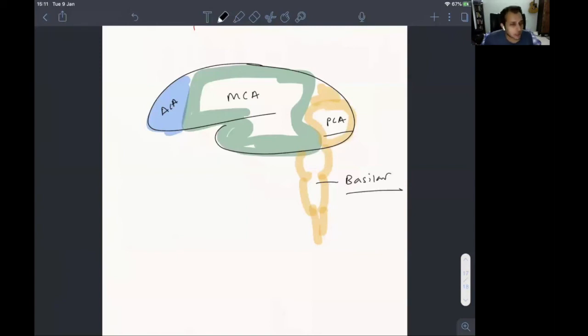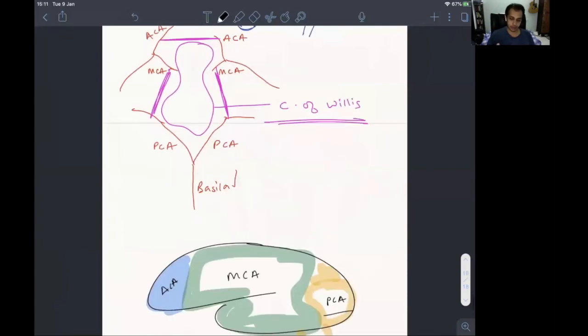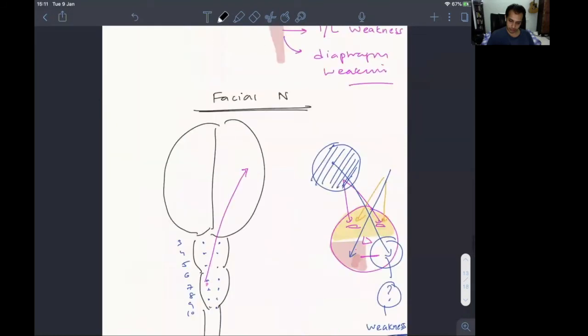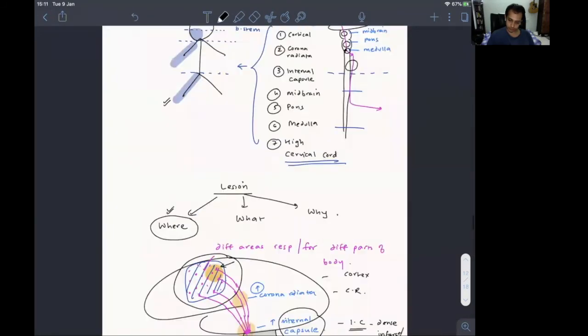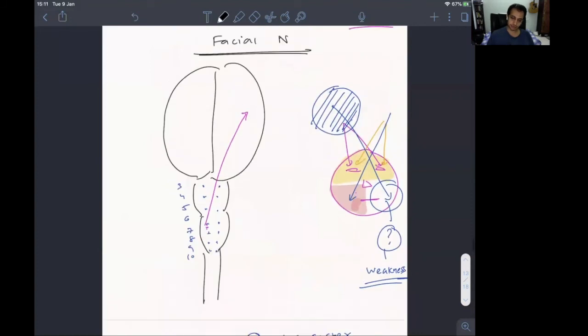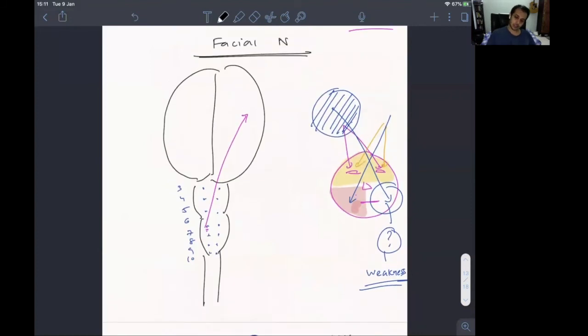Okay, now there are a couple of questions. Why is only the facial nerve involved in the cortical lesion? Why not other nerves? Okay, let's come back to that for a second. Let's take all your other nerves, like oculomotor, for example.